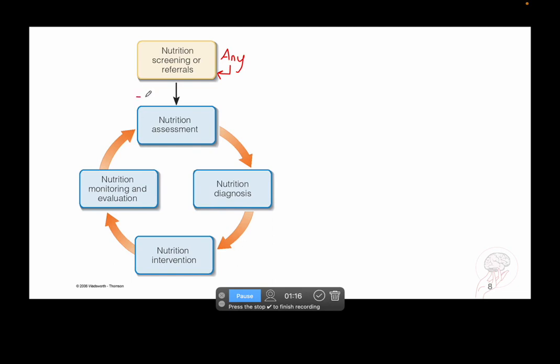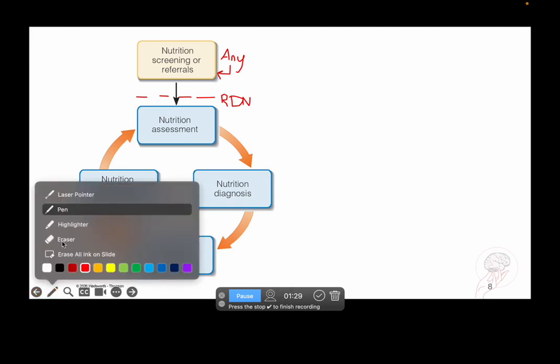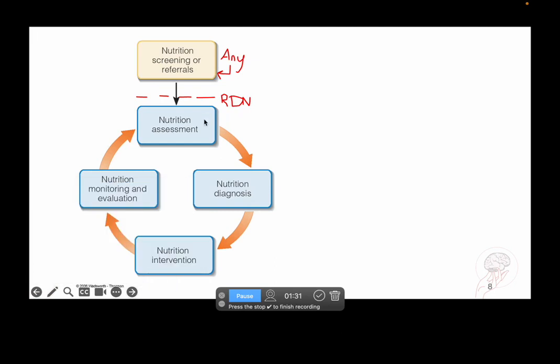And this is where the RDN comes in. So after here, RDN. And so we have the assessment to the diagnosis to the intervention and monitoring and evaluation.